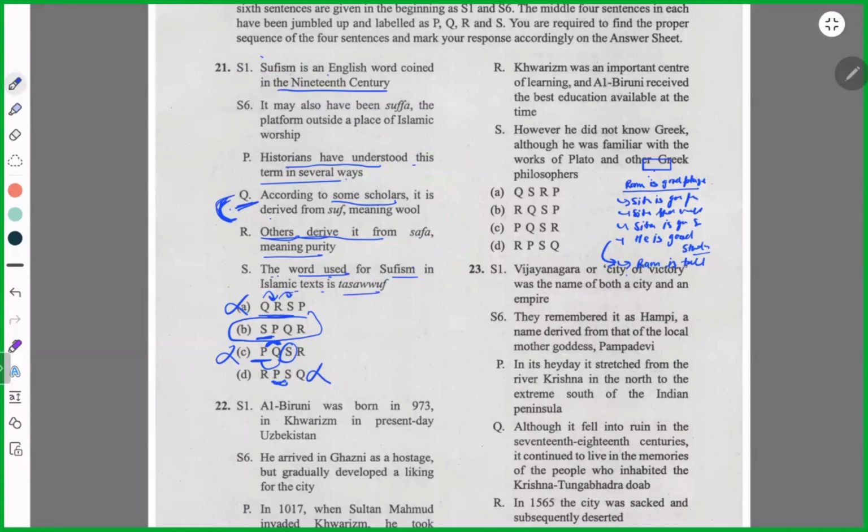Then SP: Historians have understood this term in several ways. That means about Sufism. Then Q: according to some scholars, others derive. QR is a pair, as we already found. But S will come first, because there is something left out for Sufism. So that's why it is eliminated.